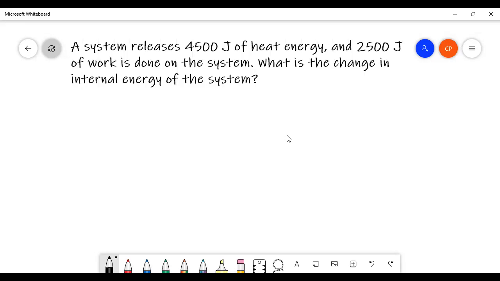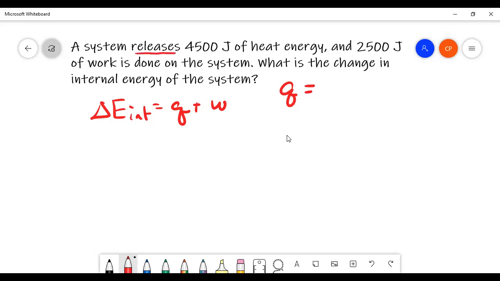For this particular story, and I'll go ahead and use the rational symbol set here, internal energy change is equal to Q plus W. We need to identify Q. Q is heat energy transferred. In this particular story, heat energy is released.